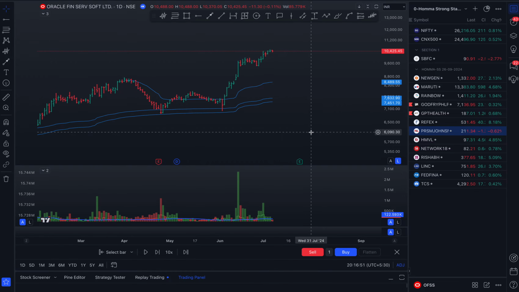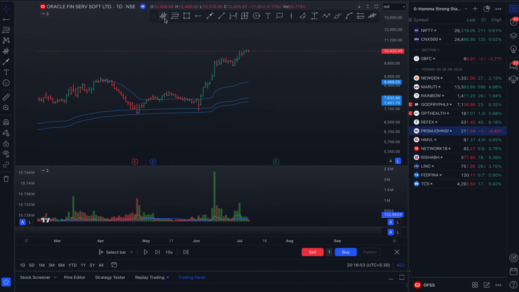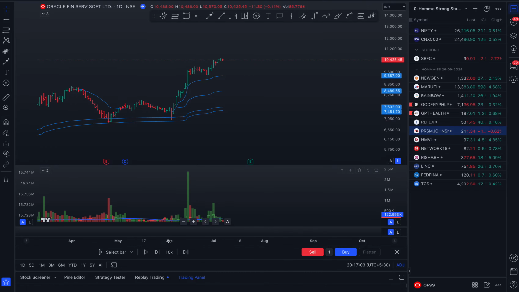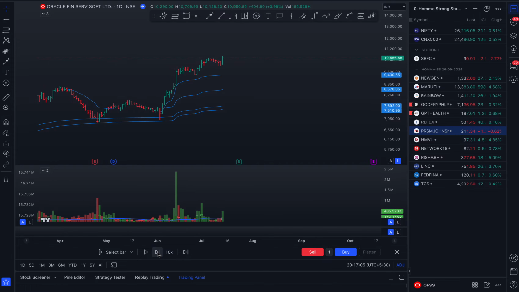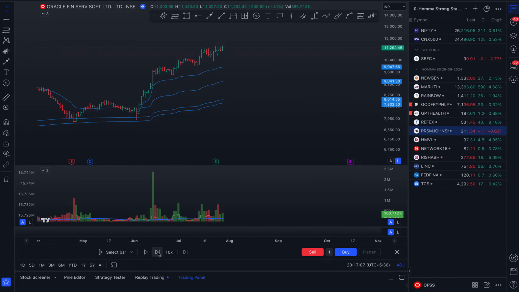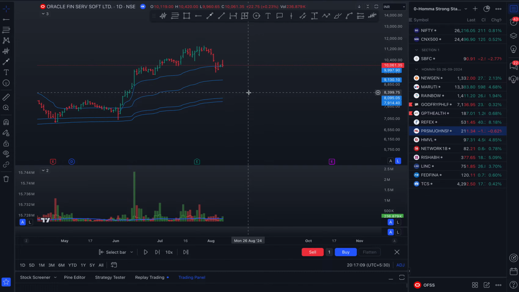For example, if you had gotten in on this bounce and you anchor an AVWAP here, the moment this is broken, I mean it was broken, but it again bounced.